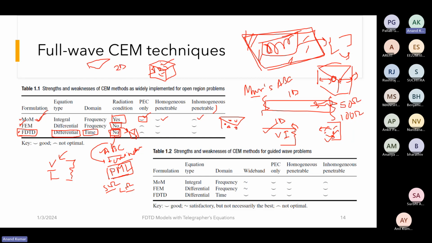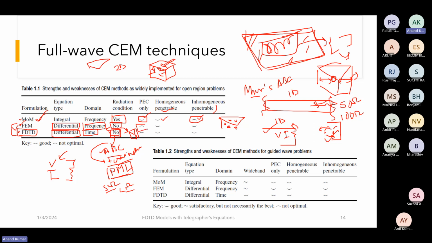Method of moments has the benefit that even for 3D structures, you use 2D meshing. But if you end up meshing the entire volume, it's better to use FEM or FDTD because they already do it and are faster methods. So method of moments is not preferred for inhomogeneous media. For homogeneous penetrable, it's all right. The finite element method is based on differential equations. It is a frequency domain method. We saw that it does not implicitly include radiation conditions, so we have to make sure we terminate the solution space.